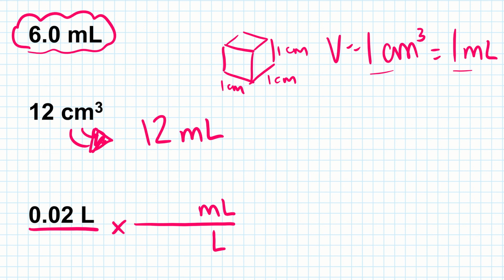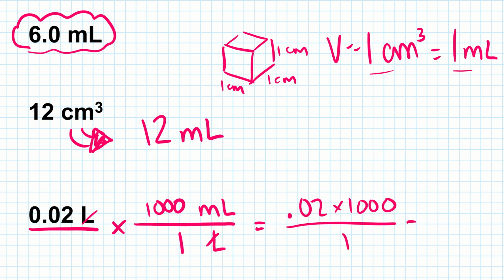I know milli means a thousandth. So there's 1,000 milliliters in every 1 liter. If I set it up like this, my liters cancel, and then I can multiply across. So I take 0.02 times 1,000 divided by 1. Multiplying by 1,000, I'm basically moving that decimal place over 3 times. So that would end up being 20 milliliters.